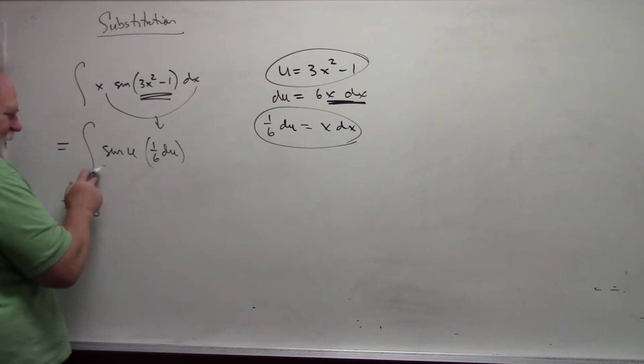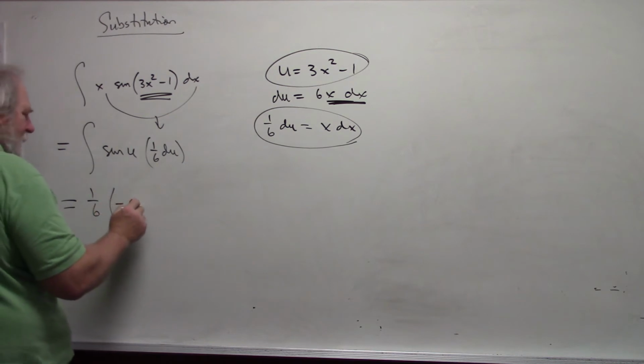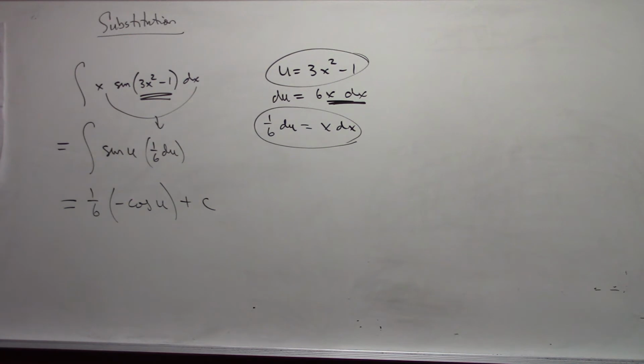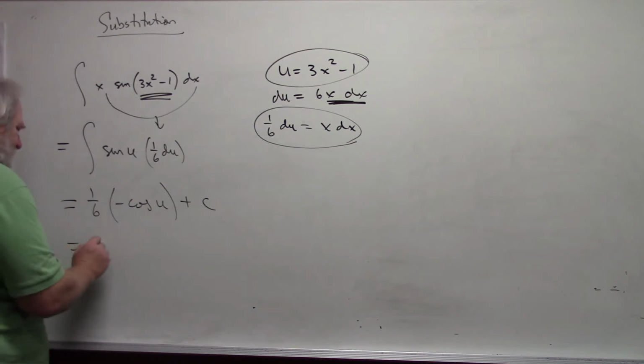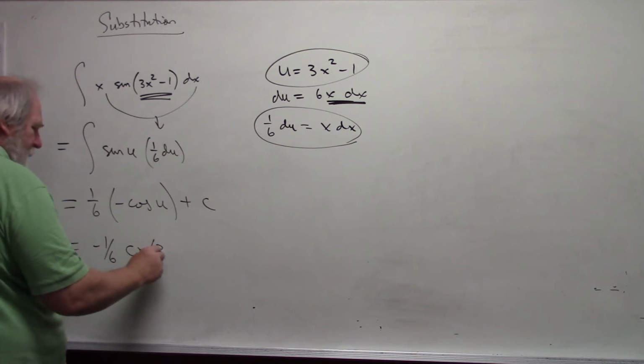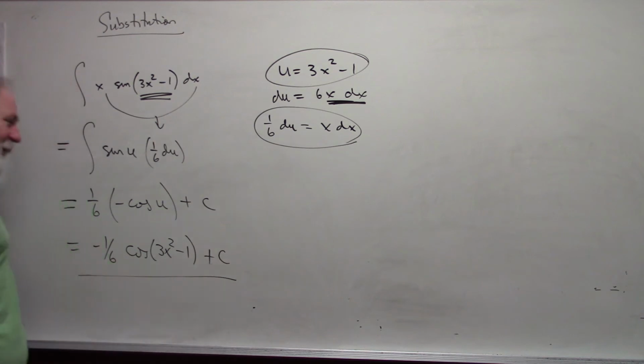And the antiderivative of sine of u, this is a simple basic antiderivative, is negative cosine of u plus c. Again, I don't want my final result to be in terms of u. I need to put this back in terms of x. And so we get negative 1/6 cosine of 3x squared minus 1 plus c. And this is my antiderivative. If you want to check it, just take the derivative of it and see what happens. You should end with what we started off in the integrand.